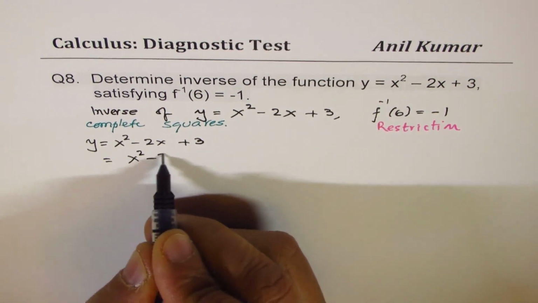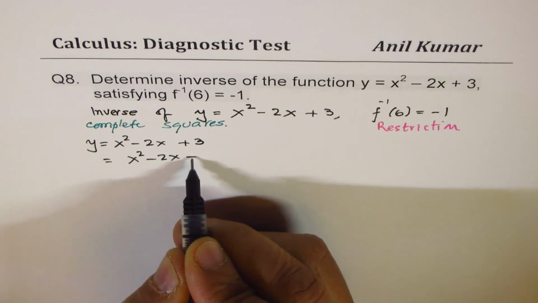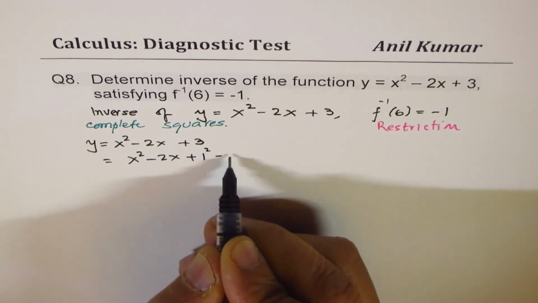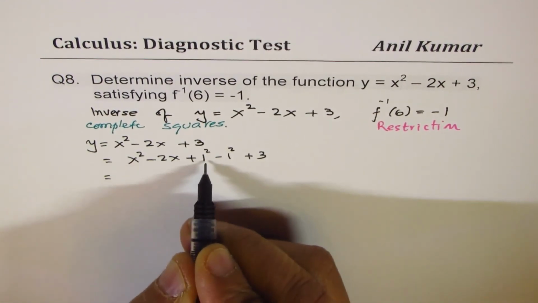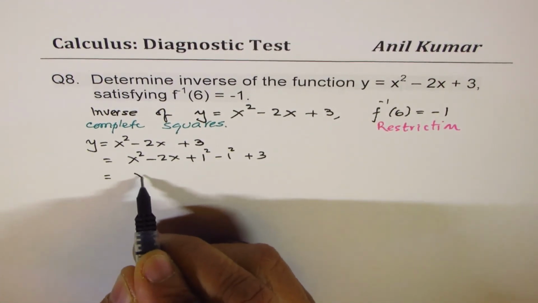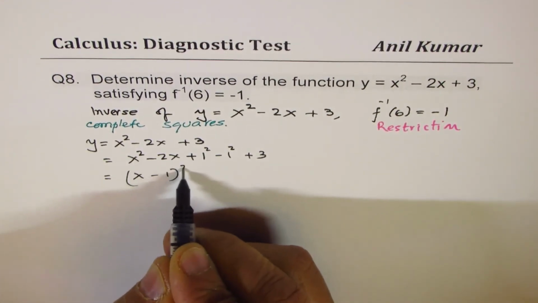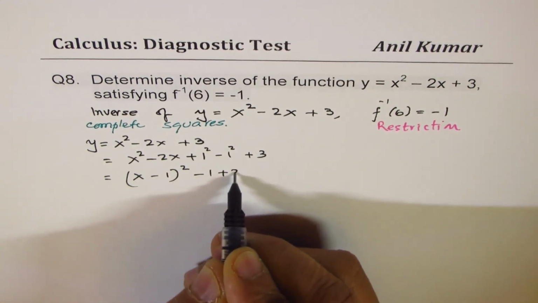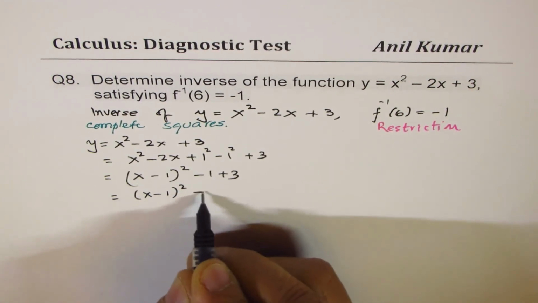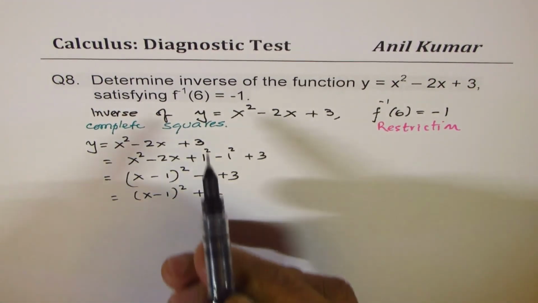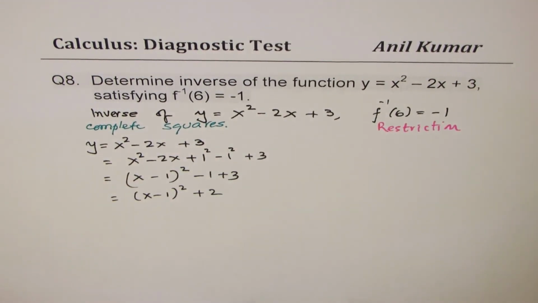So we get x squared minus 2x, half of 2 is 1, so we'll add 1 square and subtract 1 square. Is it okay? Now, first 3 terms make a perfect square. In this case, it is x minus 1 whole square, and we have minus 1 plus 3. And that gives us x minus 1 whole square plus 2. So that becomes the required function.